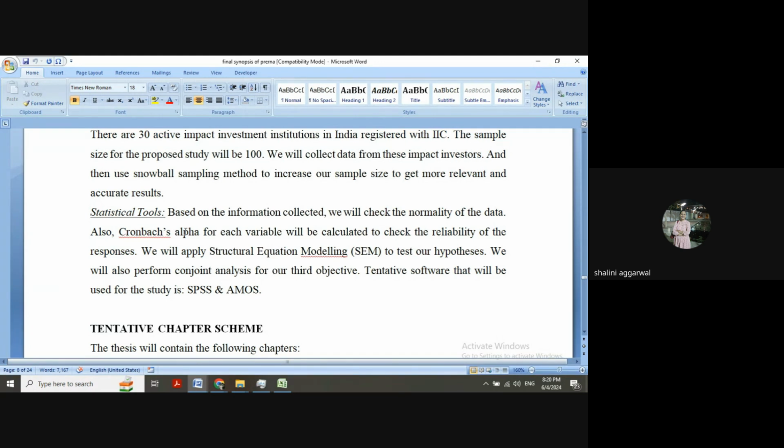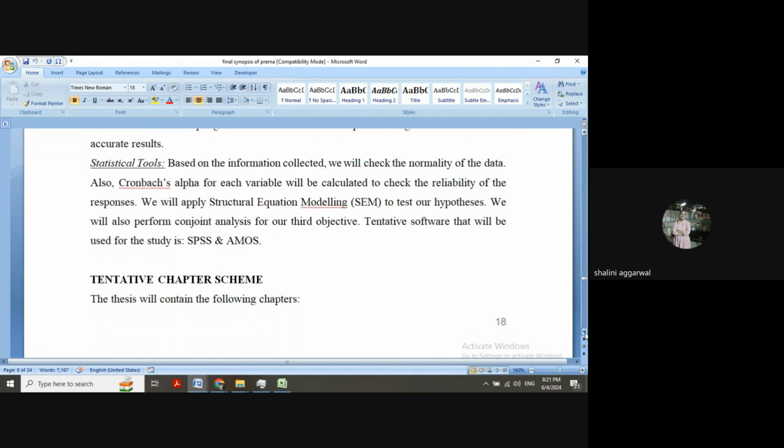And same here, when you are writing an actual paper, there you give in-depth research methodology, but when you are writing only the synopsis, you do not give it in depth. You just write down that you will be applying SEM, and the tentative software that you will be using is SPSS and AMOS. And the last heading will be your tentative chapter scheme.